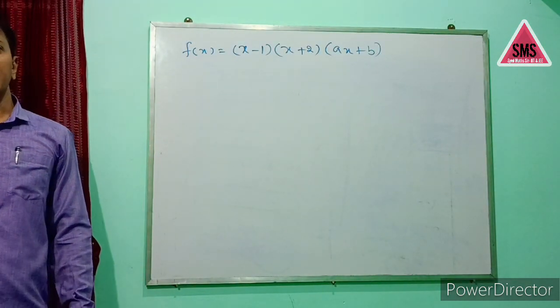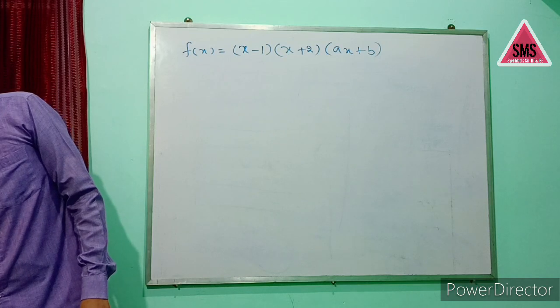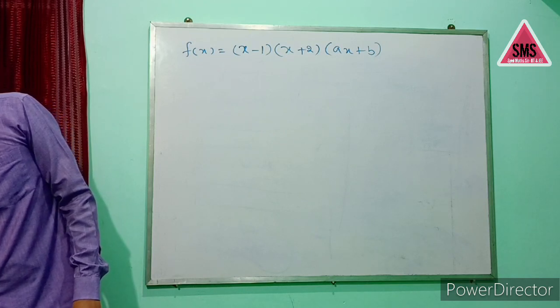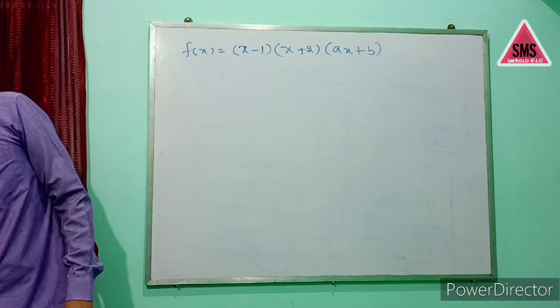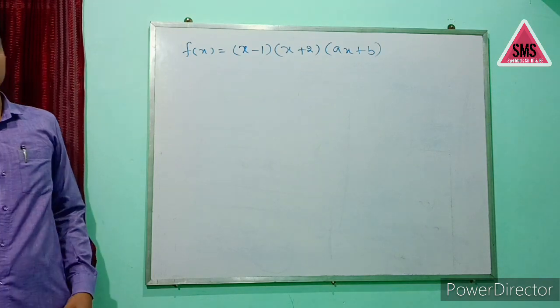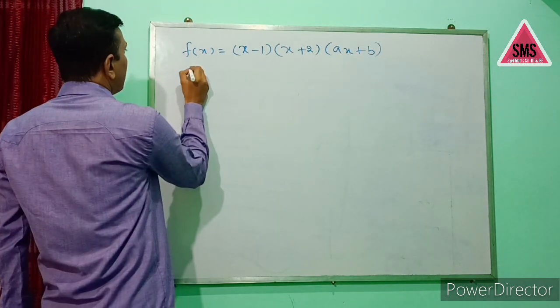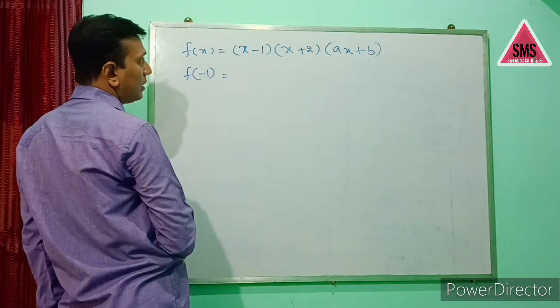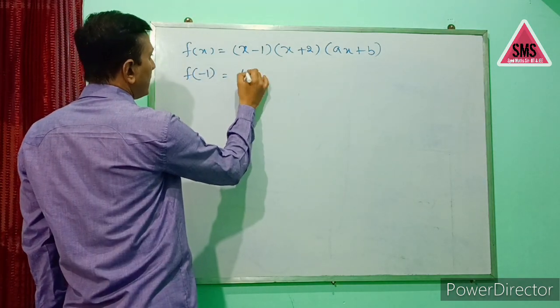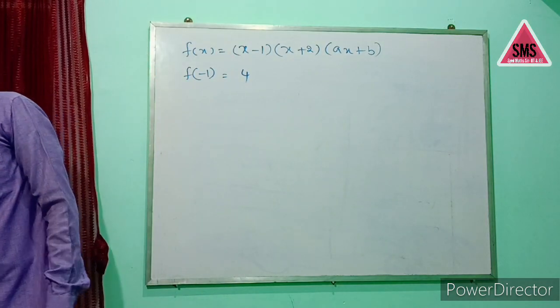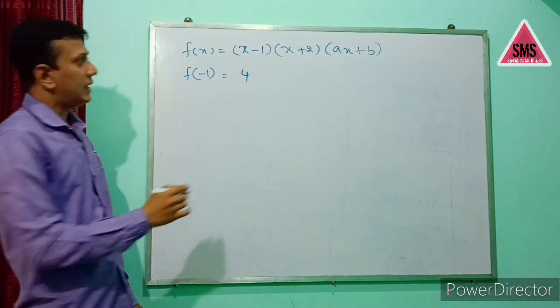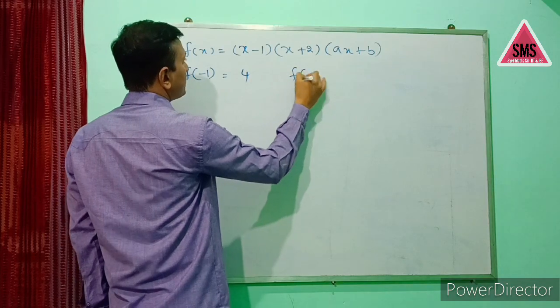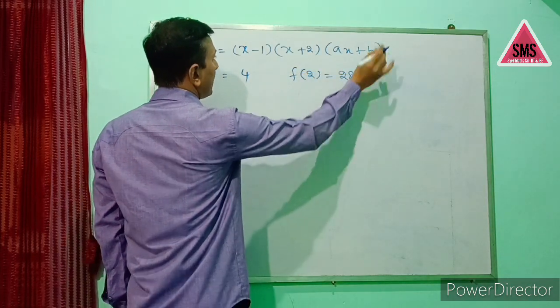Now, the condition they have given. What is the condition? It has the values 4 and 28 when x equals minus 1 and x equals 2. So whenever you substitute the x value as minus 1, we are going to get the value 4. And whenever you substitute x as 2, we are going to get the value 28.